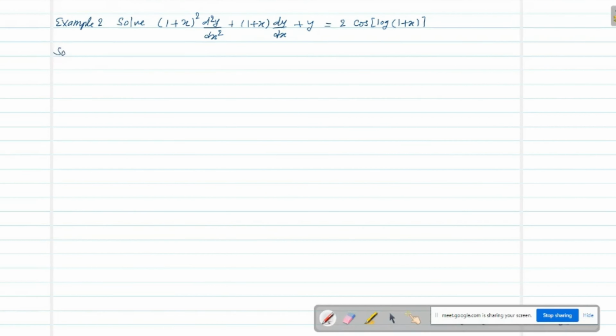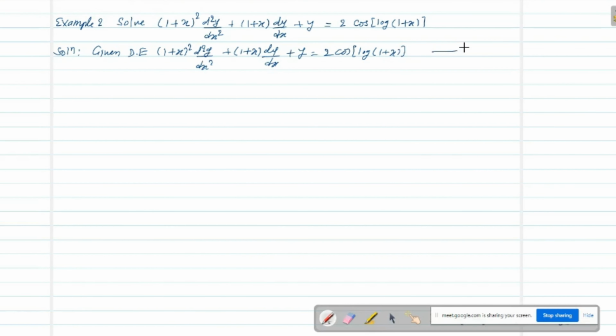Solution. So first of all we copy the given differential equation. What is given to you? (1 plus x) square d square y by dx square, plus (1 plus x) dy by dx, plus y, which is equal to 2 times cos log of (1 plus x).